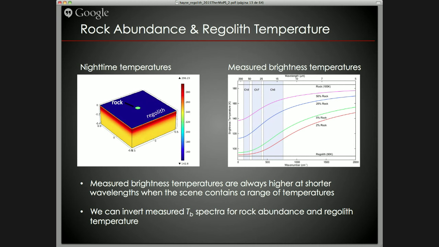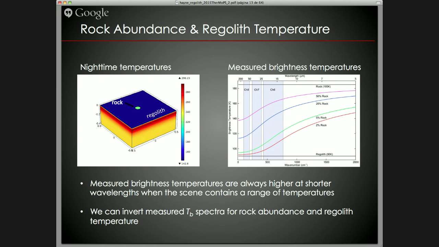And so if you look at the different Diviner channels that we use for the technique, here's channel 6, channel 8. We get a spectral slope in the brightness temperatures that we measure. And because that slope depends on both the rock temperature and the rock abundance, we can use the slope that we measure to derive those parameters.